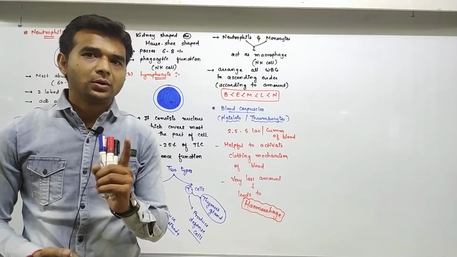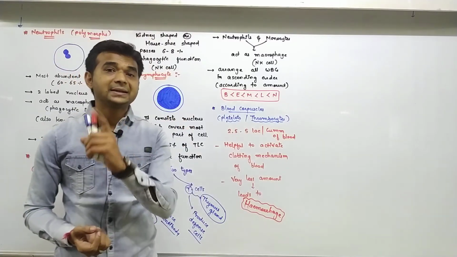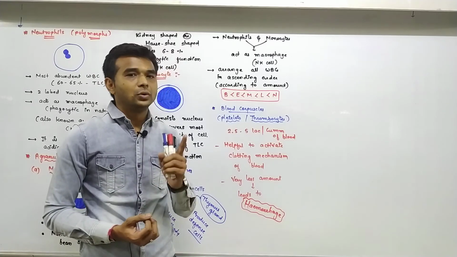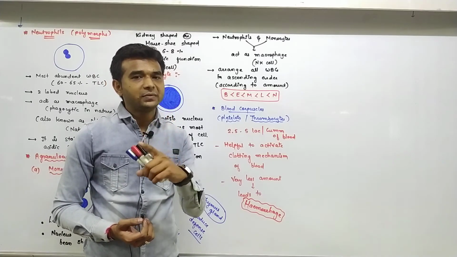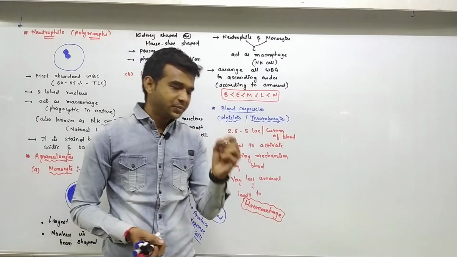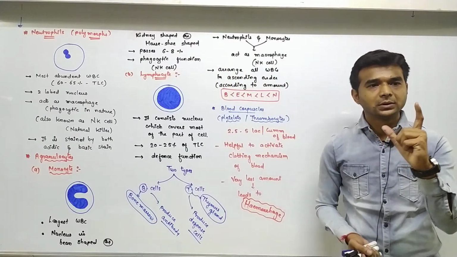So when bleeding occurs, at that time platelets are activated. After activation of these platelets, coagulation of blood occurs, and at the rupture site the clot will form.